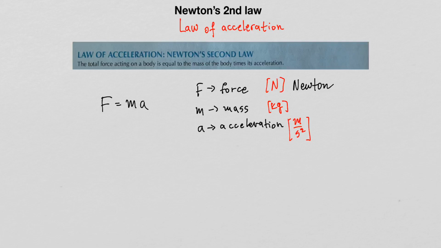And so this derived unit is made from the product of the units of mass, which would be kilograms, and the unit for acceleration, which is meters per second squared. And so a newton is equal to a kilogram times meter divided by second to the second power. And this is the metric unit for force.